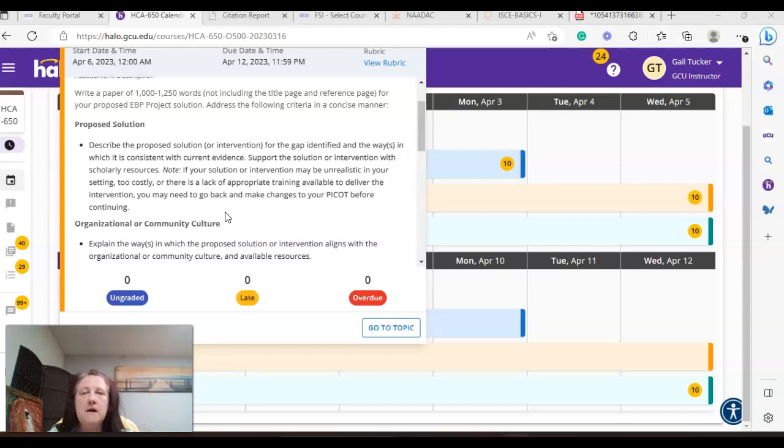Okay. It also talks about then describe the proposed solution for the gap identified and the ways in which it is consistent with current evidence. Now, they didn't have you work too much on gap. And so I'm going to show you an example of gap.